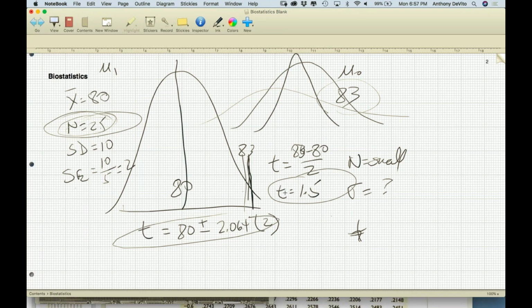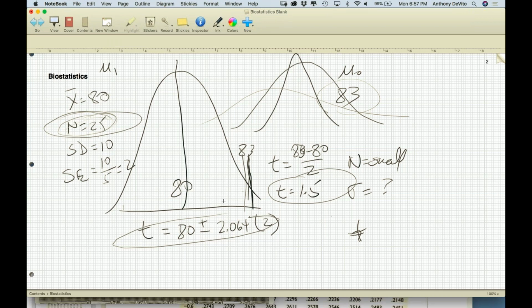Only 1.5. So we're not far enough apart for us to say with 95% certainty that these are different. What happened here? Well, for one thing, the sample size is smaller, right? So they have to be further apart. The other thing is that our standard error now, instead of being 1, is equal to 2 because of that sample size as well.